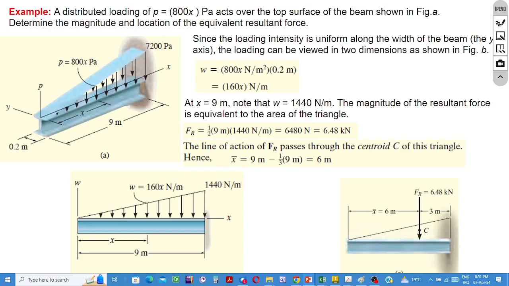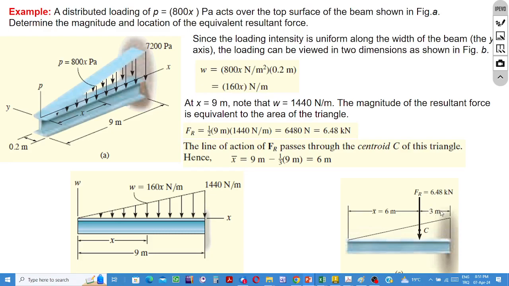For a triangle centroid, we know that the coordinate value is equal to a third of the width of the triangle. The width of the triangle is 9 meters. A third of it is 3 meters.